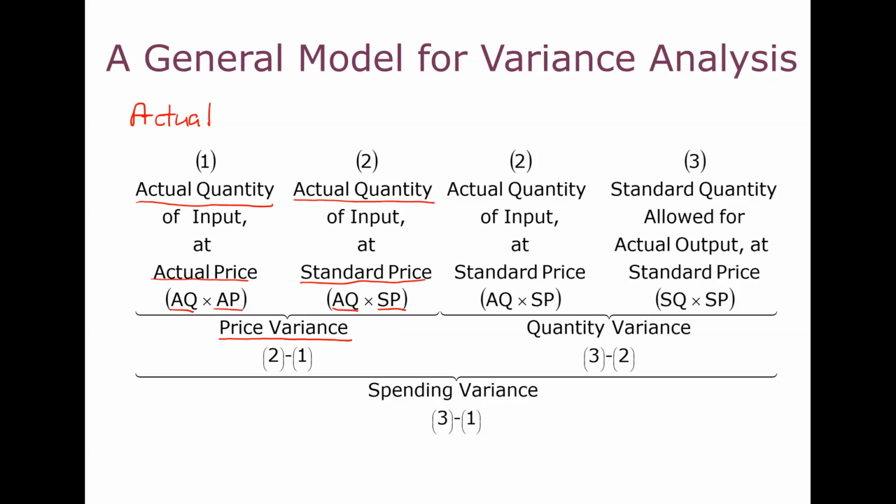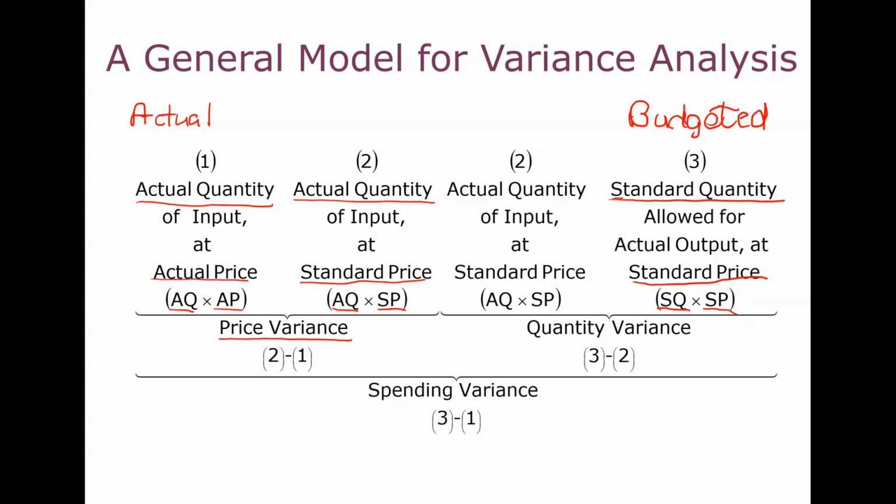Then coming over here for quantity variance, this right-hand side is our budget. This is what we budgeted. So we will take the standard quantity, which is how much we should purchase, and the standard price. So the standard quantity times the standard price.